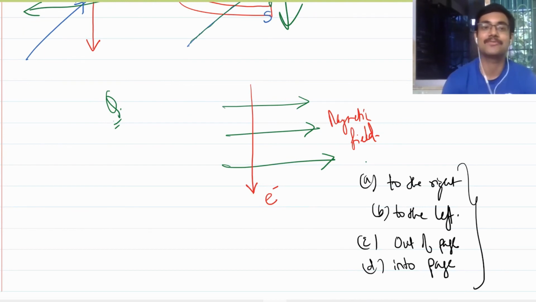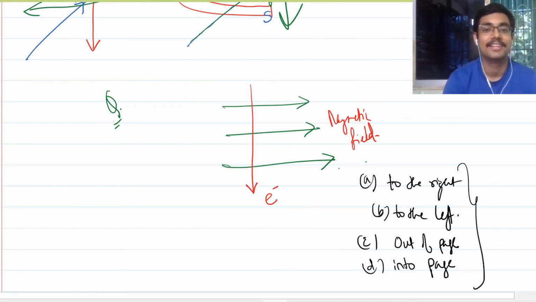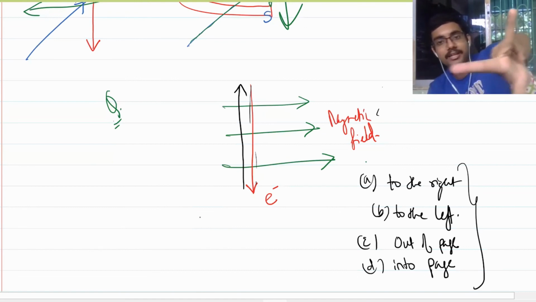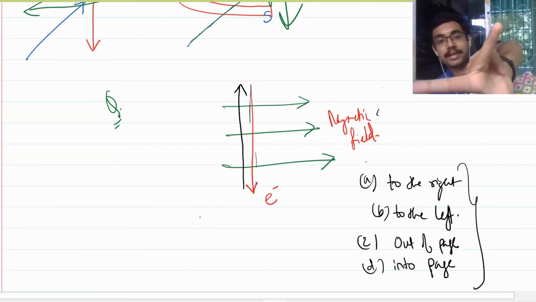Okay, this is what we have learned in the chapter of current electricity, if you remember. So if electron flow is in this direction, the current will be in this direction. Now start with your left hand. Current is in this direction, the magnetic field is in this direction.